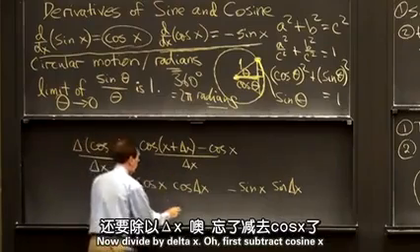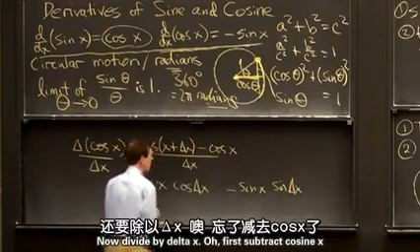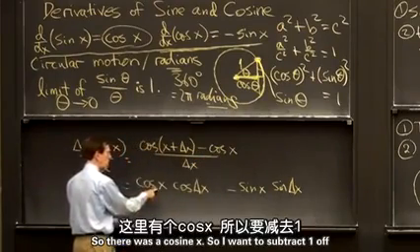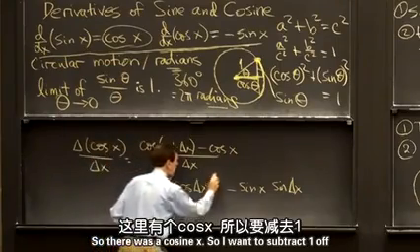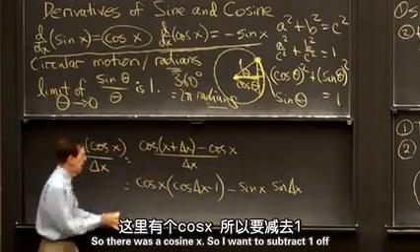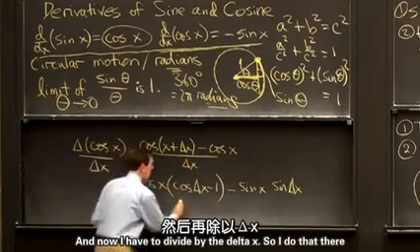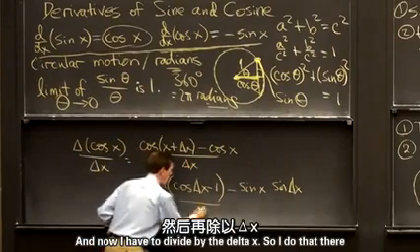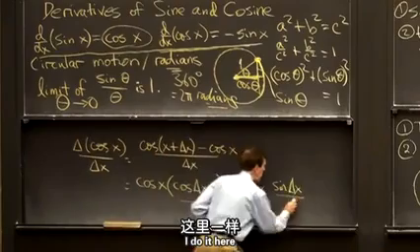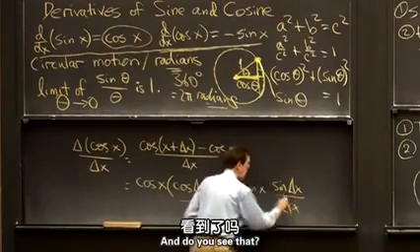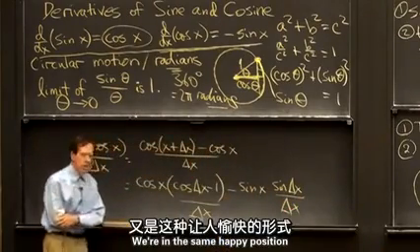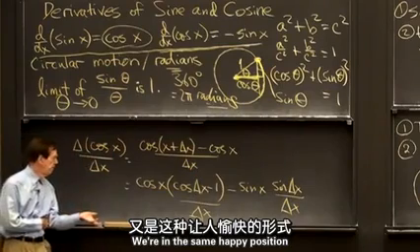Okay, now divide by delta x. Oh, first subtract cosine x. So there was a cosine x, so I want to subtract one of them. Okay? And now I have to divide by the delta x, so I do that there. I do it here. And you see that we're in the same happy position.